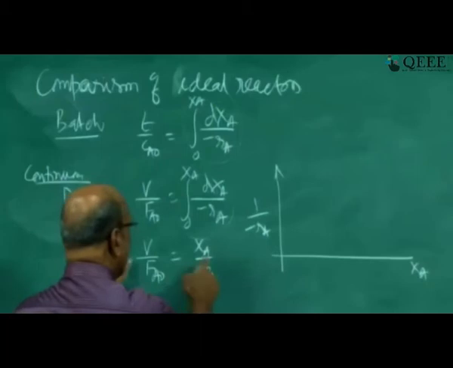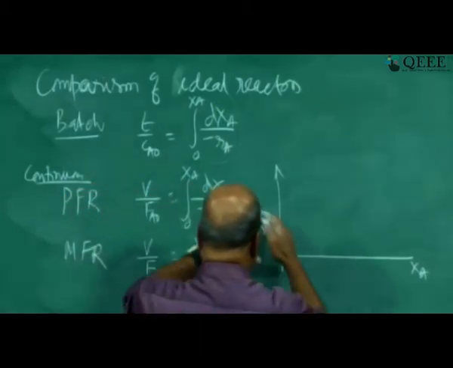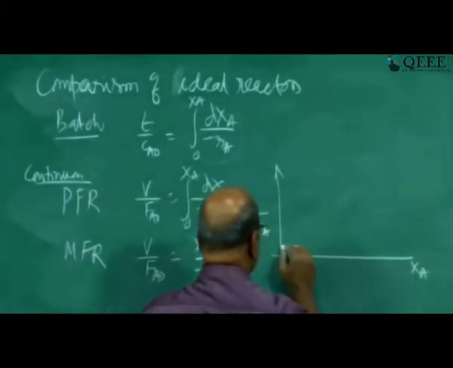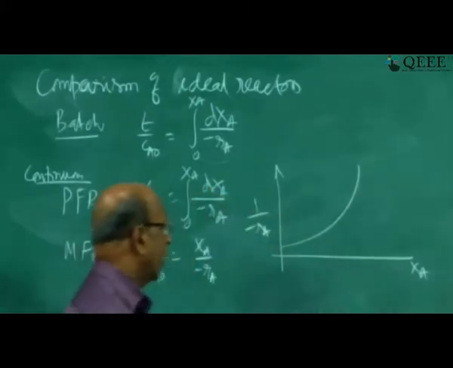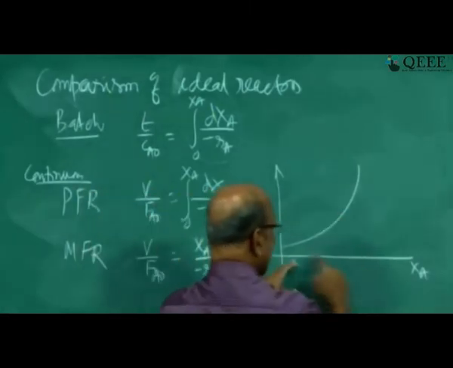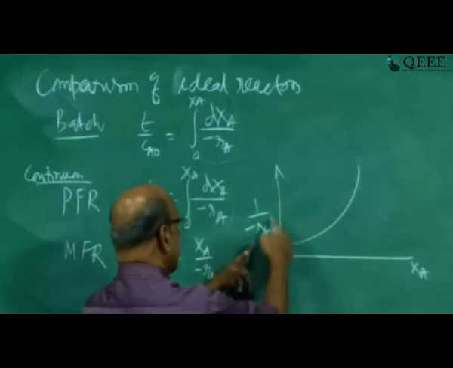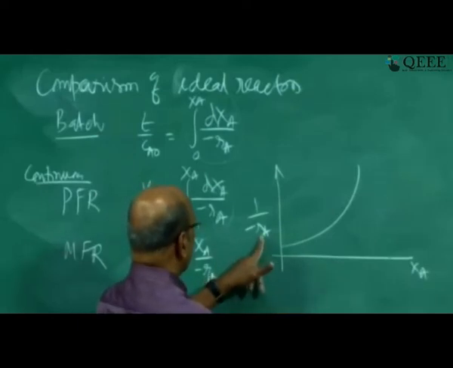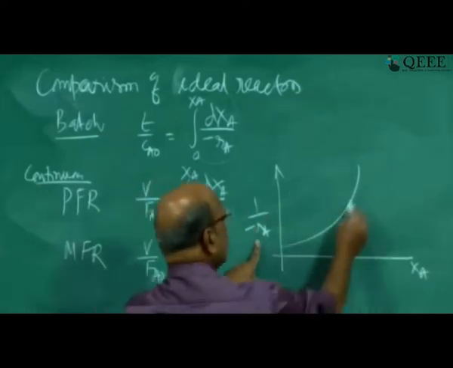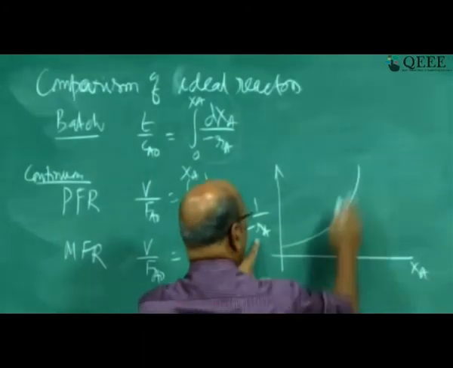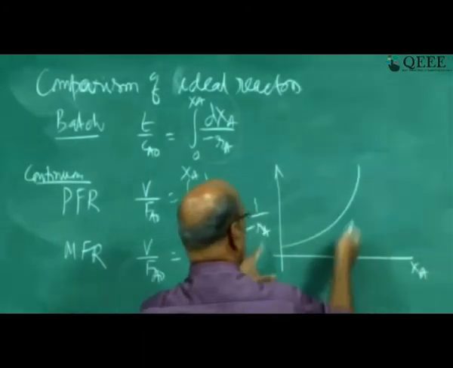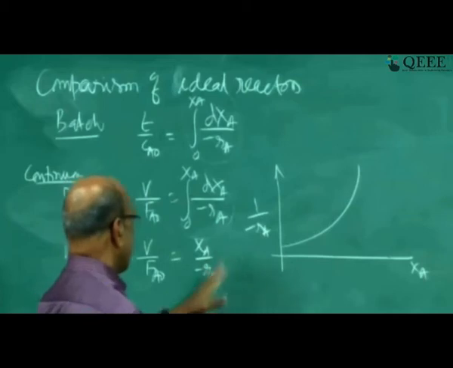Let us now plot the mixed flow reactor. The relationship between 1 by minus RA versus XA is the same. It is something like this. Again, as I told you, as conversion is increasing, rate decreases. When rate is decreasing, this 1 by minus RA increases. So that's why it is increasing like this. And when you are going to almost 100% conversion, it goes to infinity. Good. That is the simple thing.